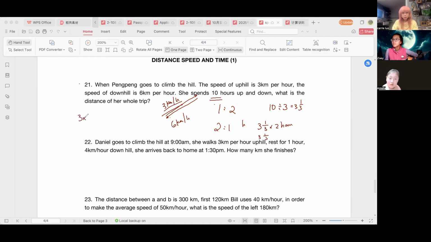With 3 kilometers per hour, with 6 and 2 over 3 time equals 20 kilometers. With 6 times 3 and 1 over 3, we have exactly 20 kilometers as well.